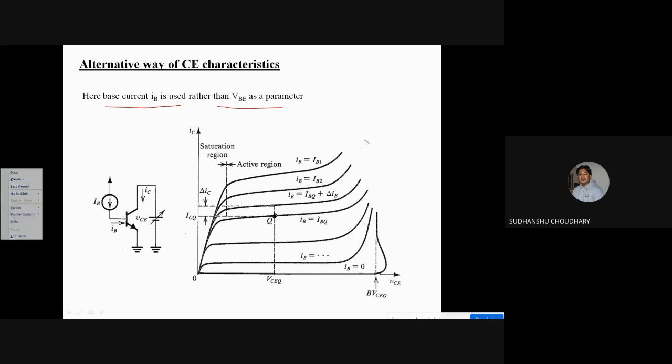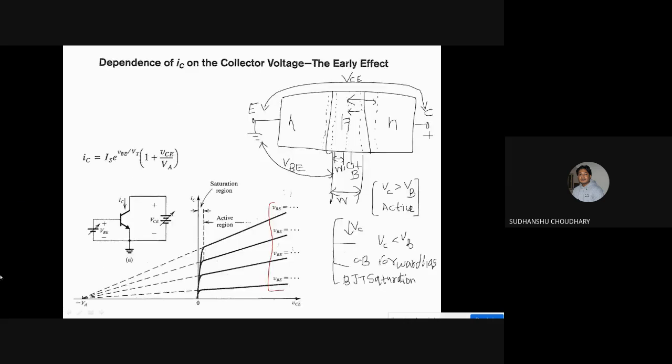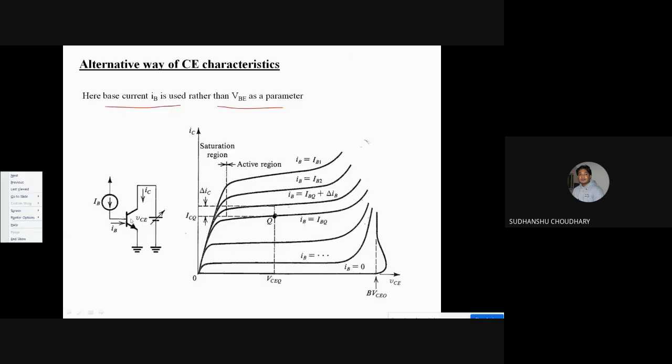If this transistor has to be in active region, then the emitter base junction has to be forward biased, and that forward bias is ensured by this battery source. The same can be ensured, that is, biasing can be done, by also connecting a current source at the base.